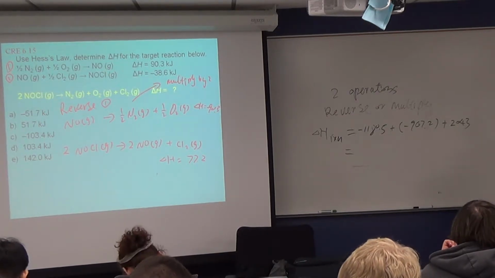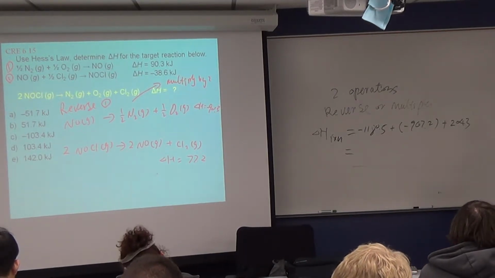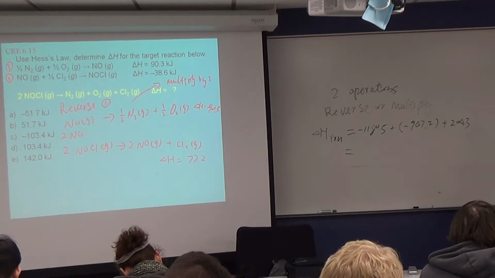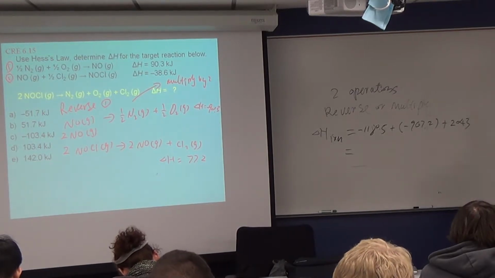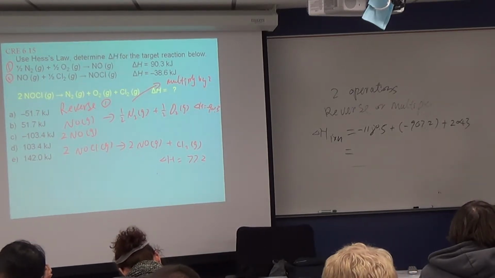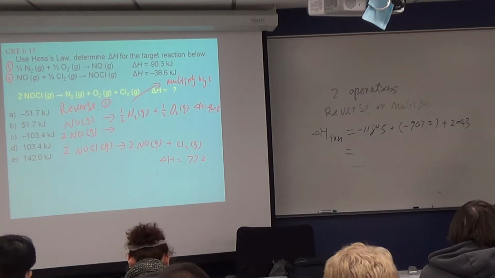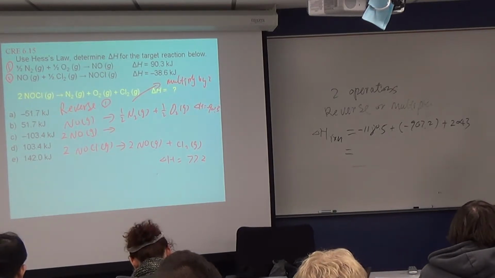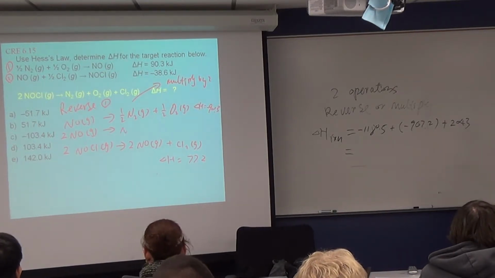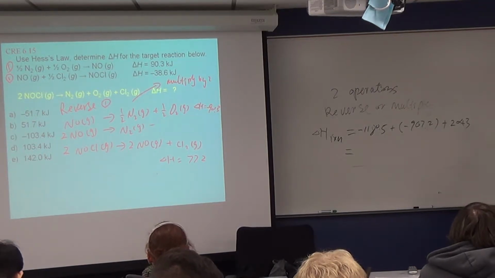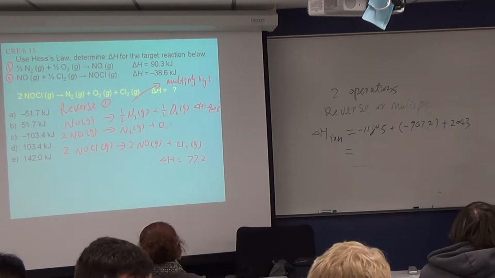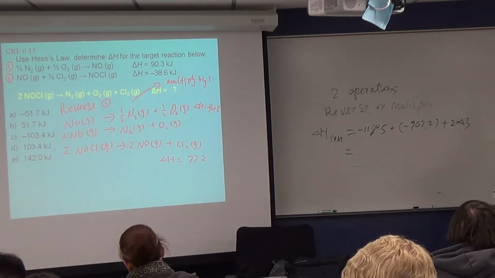Multiply by 2. Now watch carefully. I'm going to multiply this by 2. So this NO becomes 2 NO. Understand? Now this half N2 will become what? Become 1 N2. Now this half O2 will become what? Become 1 O2. Now what will happen to our delta H?